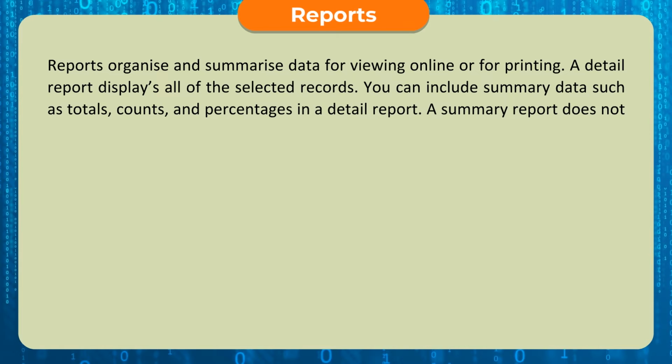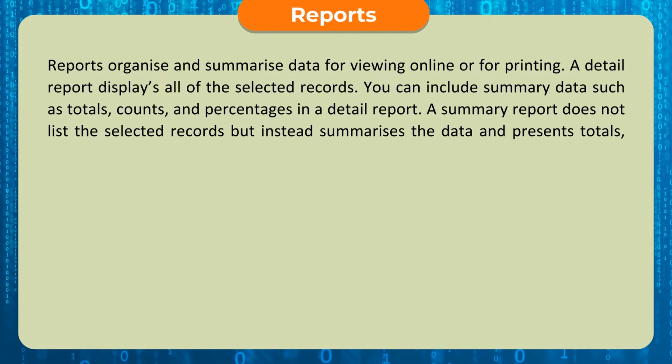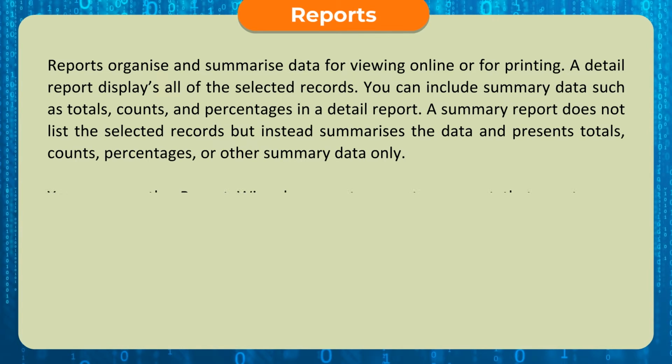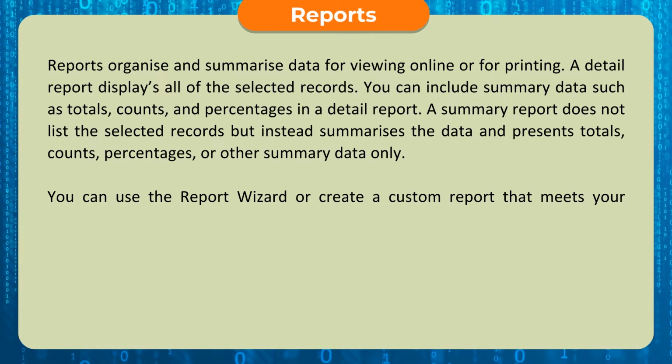A summary report does not list the selected records, but instead summarizes the data and presents totals, counts, percentages, or other summary data only. You can use the Report Wizard or create a custom report that meets your specific needs.